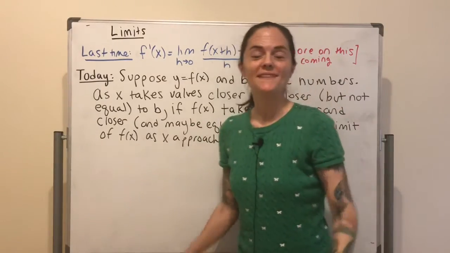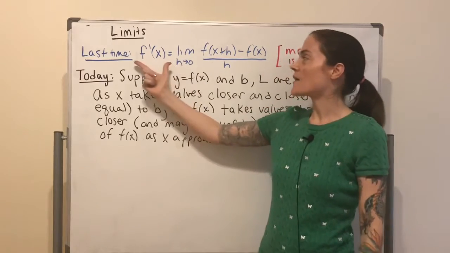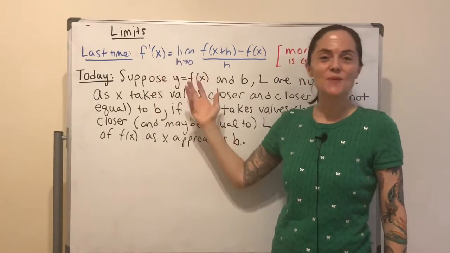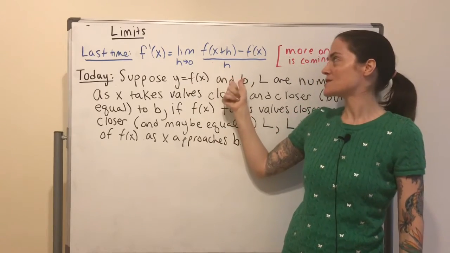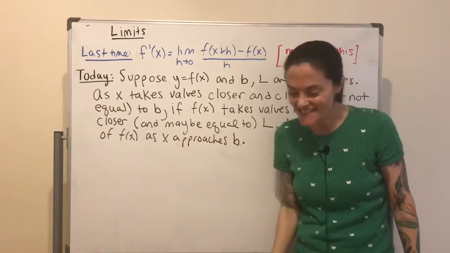Last time, given a function f of x, I defined what I call the derivative f prime of x, which is a limit as h approaches 0 of this difference quotient, f of x plus h minus f of x over h.